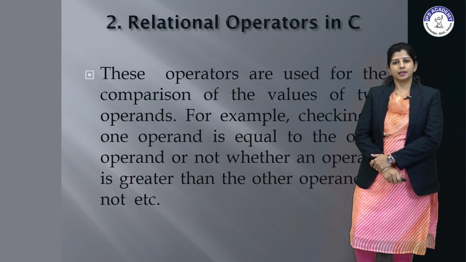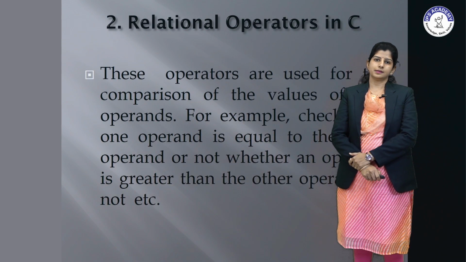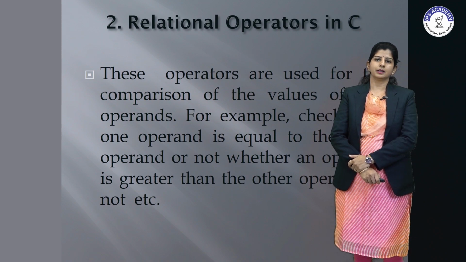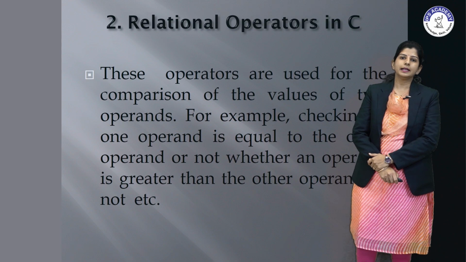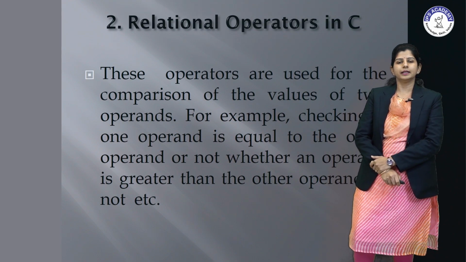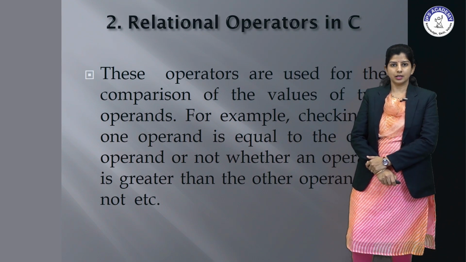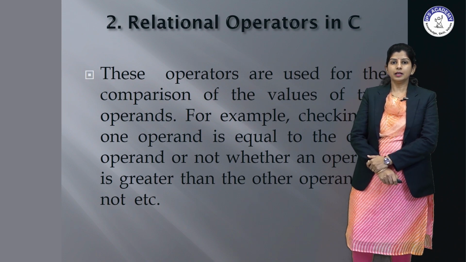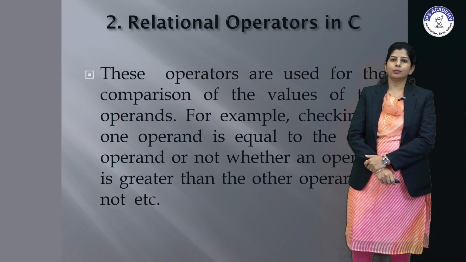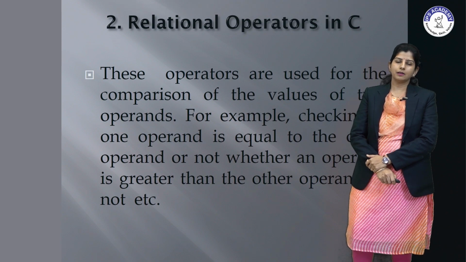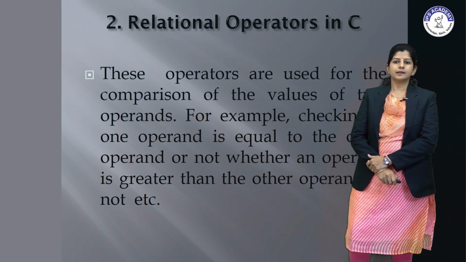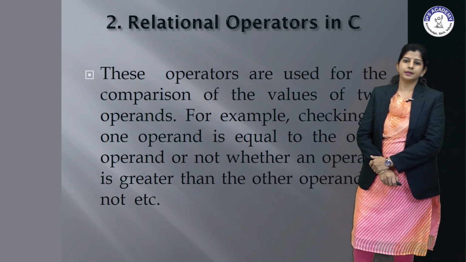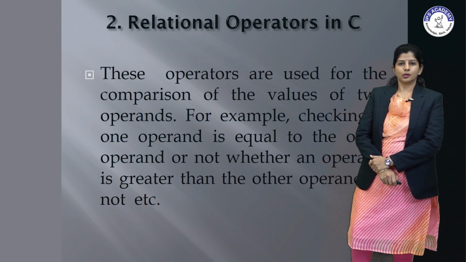Now we have to discuss the next operator, the second operator we have in C, the relational operator. So what is a relational operator? As we can tell from the name, when we want to know the relation between variables, we use the relational operator. These operators are used for comparing the values of two operands.